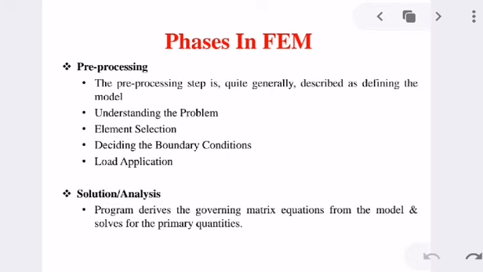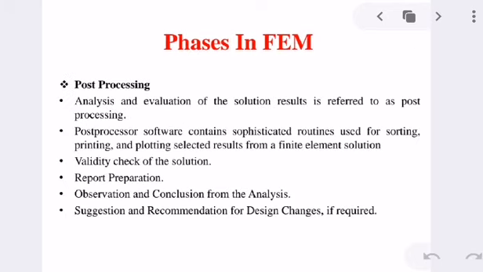Next, the third phase is post-processing phase. So, analysis and evaluation of the solution results is referred to as post-processing phase, and this post-processor software contains sophisticated routines used for sorting, printing, and plotting selected results from finite element solution.